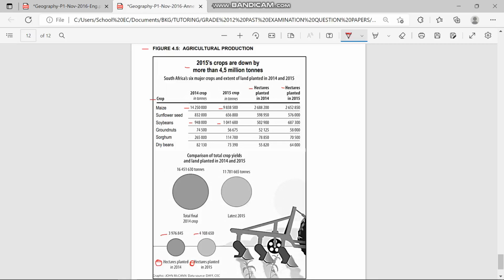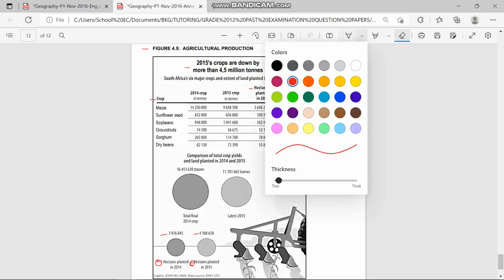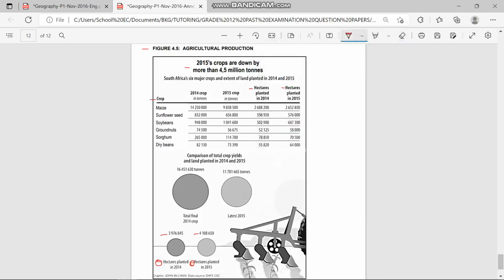But in our data you can see that from 2014 to 2015 the crop yield decreased, more especially for maize, as we already saw in the previous question. So the number of hectares increased, but the crop yield decreased.